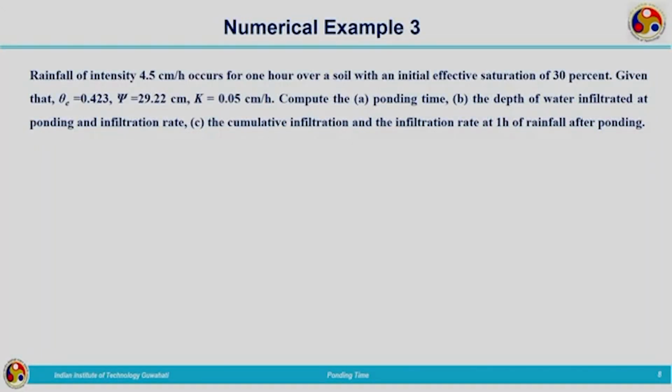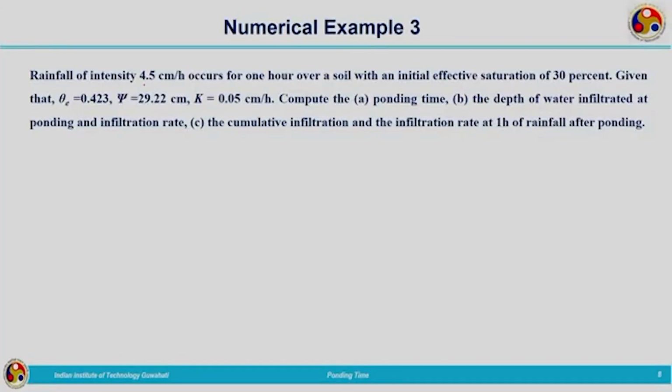Now, we will move on to the third example, in which we will calculate the quantity of water which is infiltrated after ponding. Let me read out the question. Rainfall intensity of 4.5 centimeters per hour occurs for 1 hour over a soil with an initial effective saturation of 30%, given that theta E is equal to 0.423, psi is equal to 29.22 centimeters, K is equal to 0.05 centimeters per hour.